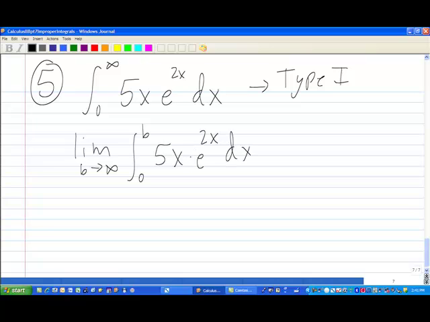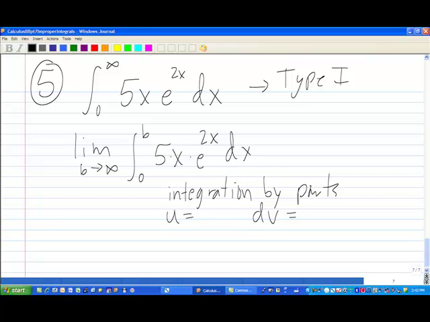And to solve this integral, it's going to require integration by parts. Just have to choose our u and dv wisely so that the integral is simpler.